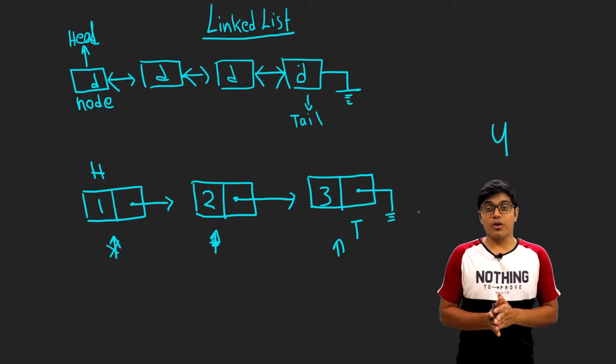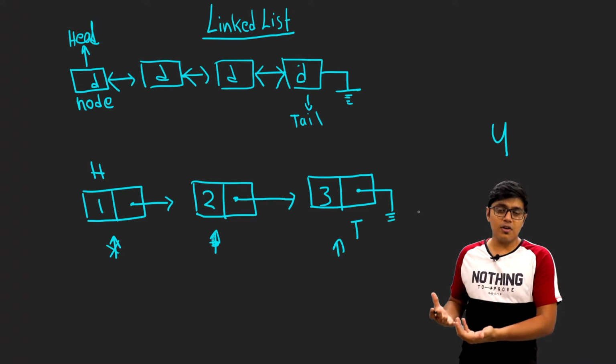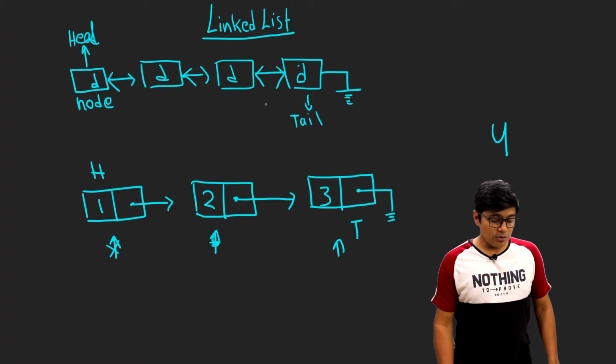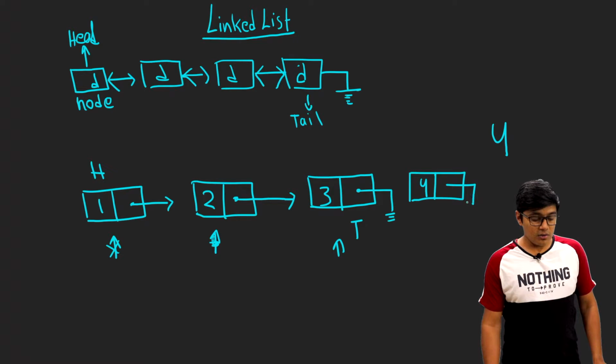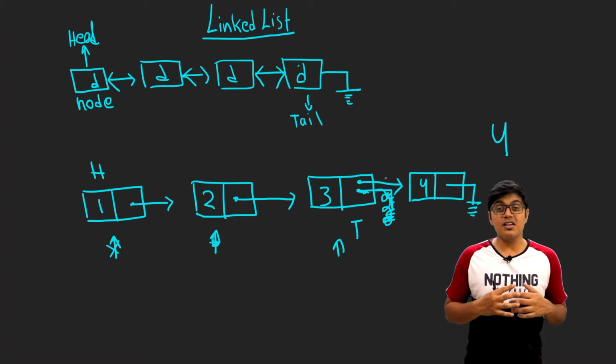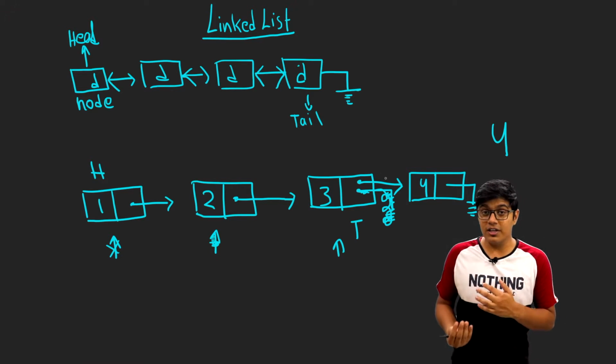So you get that, okay, this is the last node as the next value is null. So what we will do, we will create a new node with value 4. We will assign null to its next, and we will set the address of this node to the new node. So this is inserting a node at the end of the linked list.